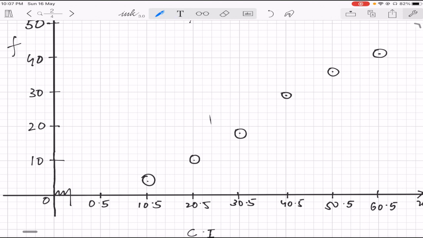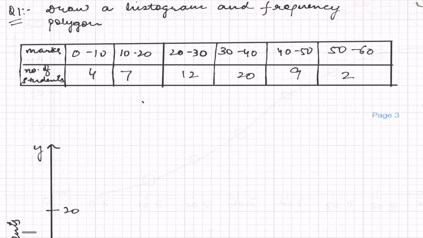So we'll start from 0.5 and join all these points with the free hand. So this is our cumulative frequency curve, which is in an increasing order, or you can say it is an ogive.